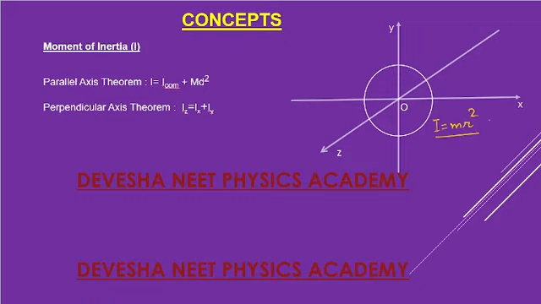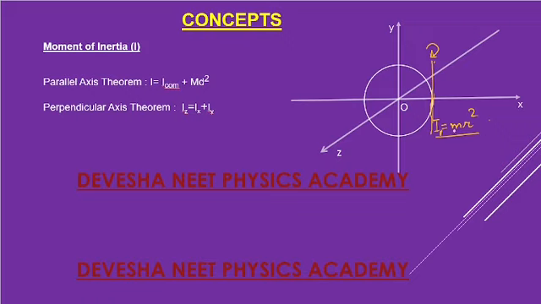But if someone asks what will be the I if the axis is along a tangent to this, what will be the I then?